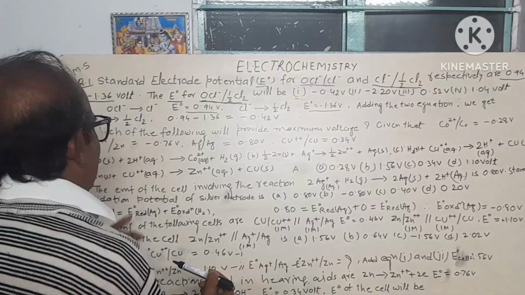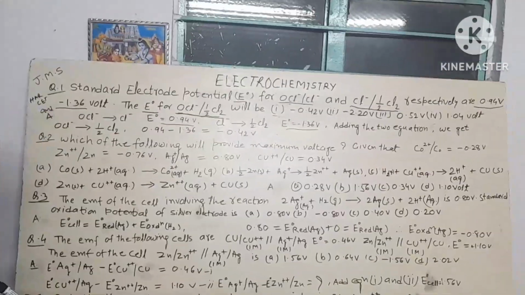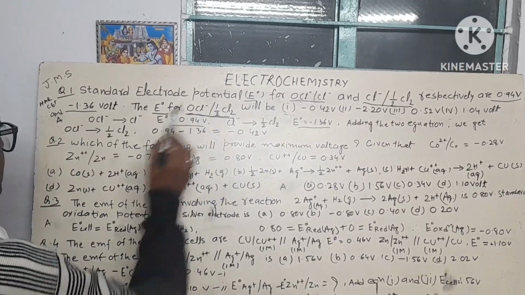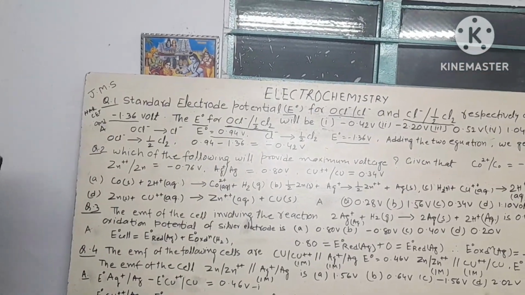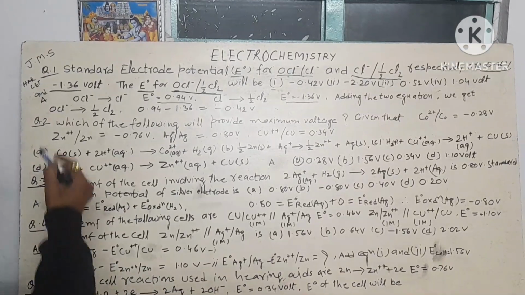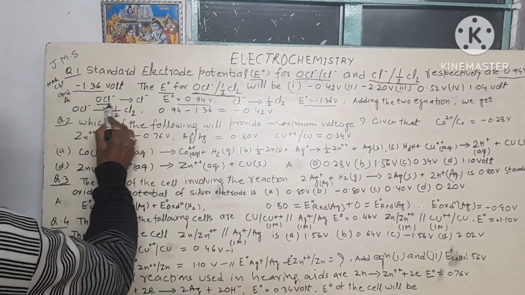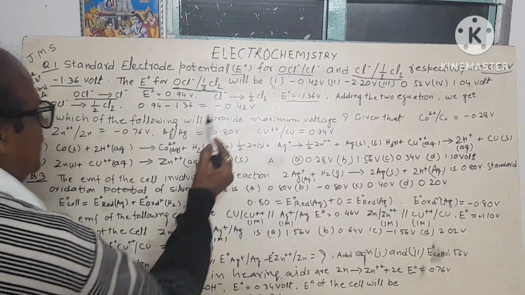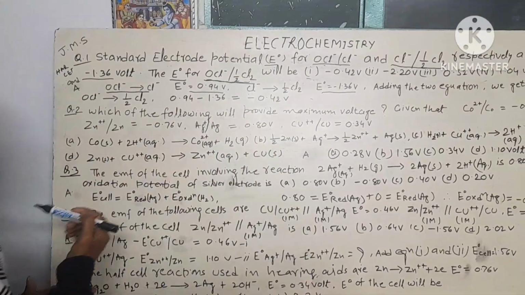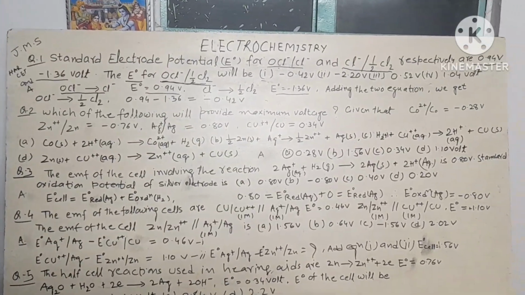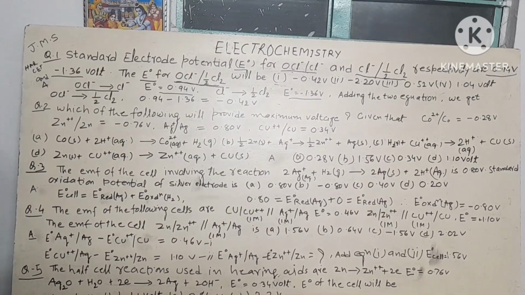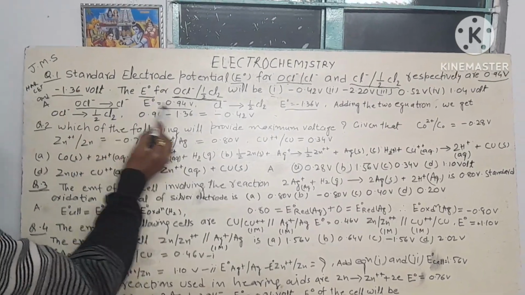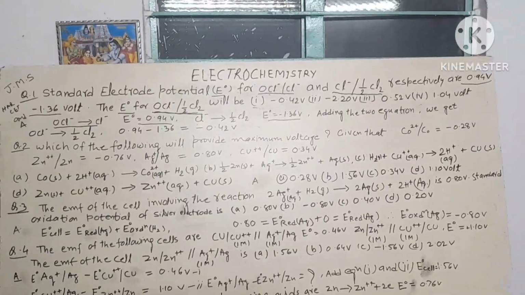Now just add both equations, both reactions, both half cells. Then what will you get? Two reactions are there, just add. Then you will see that this chloride and this chloride will be cancelled out.